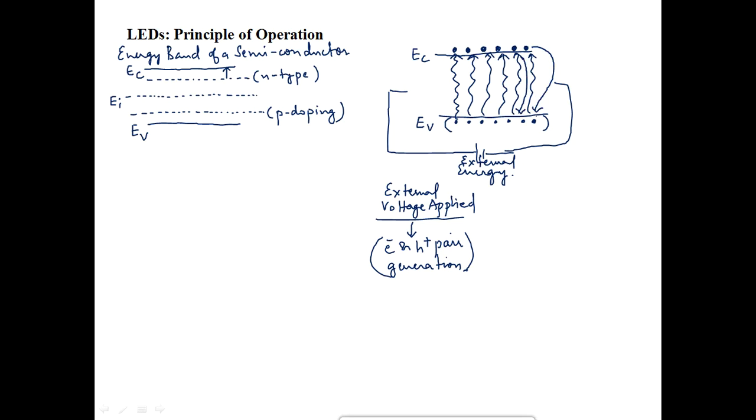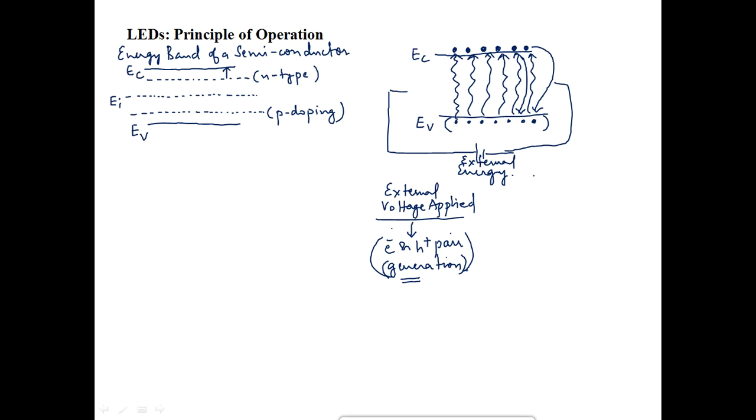Initially we have the generation phase. Then when these excited, highly unstable electrons jump into their original positions, they will be occupying the vacant states. Or to put it in other words, there is recombination of electrons and holes.